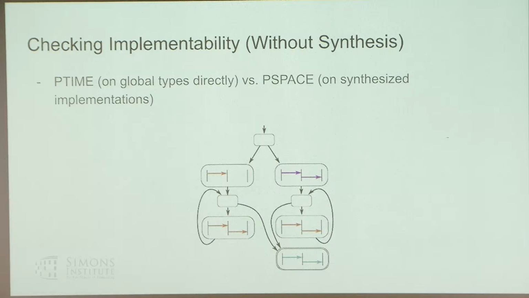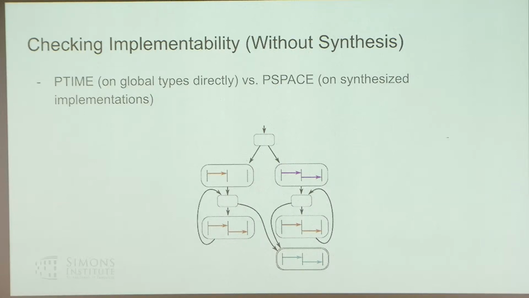What you can do is also to check implementability directly on the global type before synthesizing implementations. And if you do this directly on the global type, the algorithm is in polynomial time in the size of the global type. And the reason for this intuitively is that you only need to relate pairs of global states.